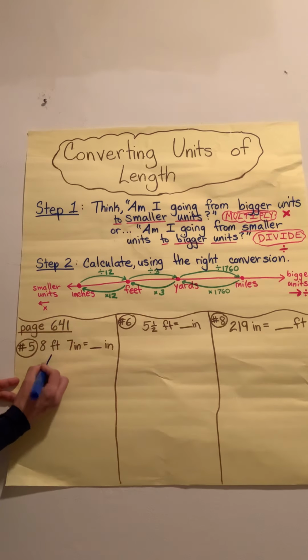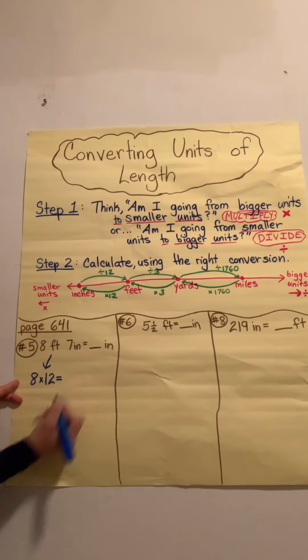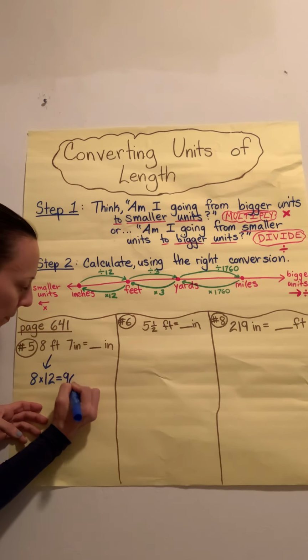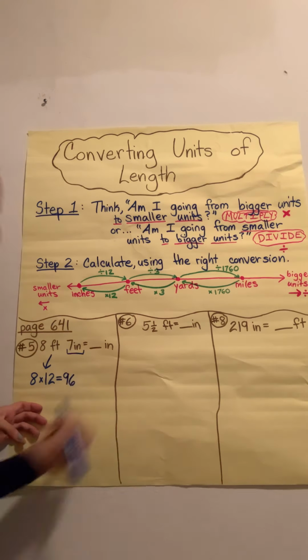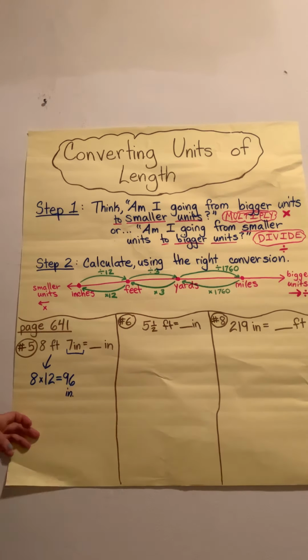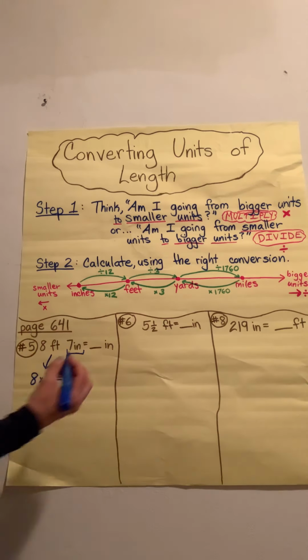So first I'm going to take my number of feet, 8, and multiply by 12. 8 times 12. Gee, that's on my timetables. I know 8 times 12 is 96. But then I have this extra 7 inches. I've changed my feet to inches, but I also have this extra 7 inches that I started with.